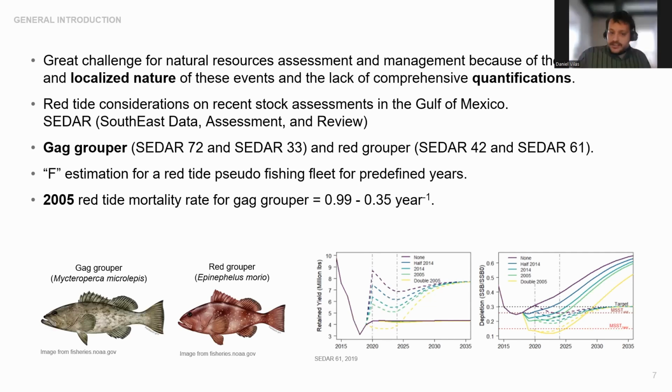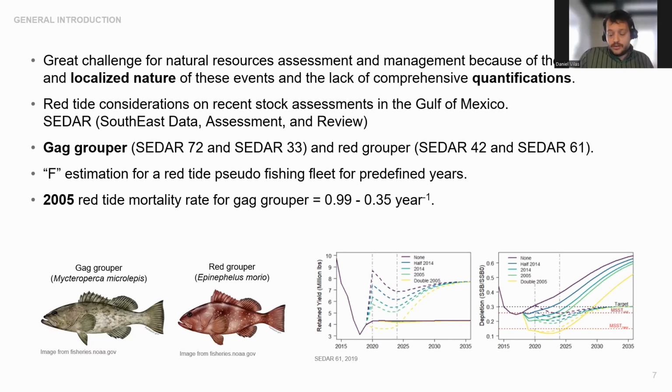Red tide has been considered in recent stock assessments in the Gulf of Mexico through what is called SEDAR. And for those reef fish species on the bottom left, the gag grouper and the red grouper have been included in the last stock assessment with red tide information.